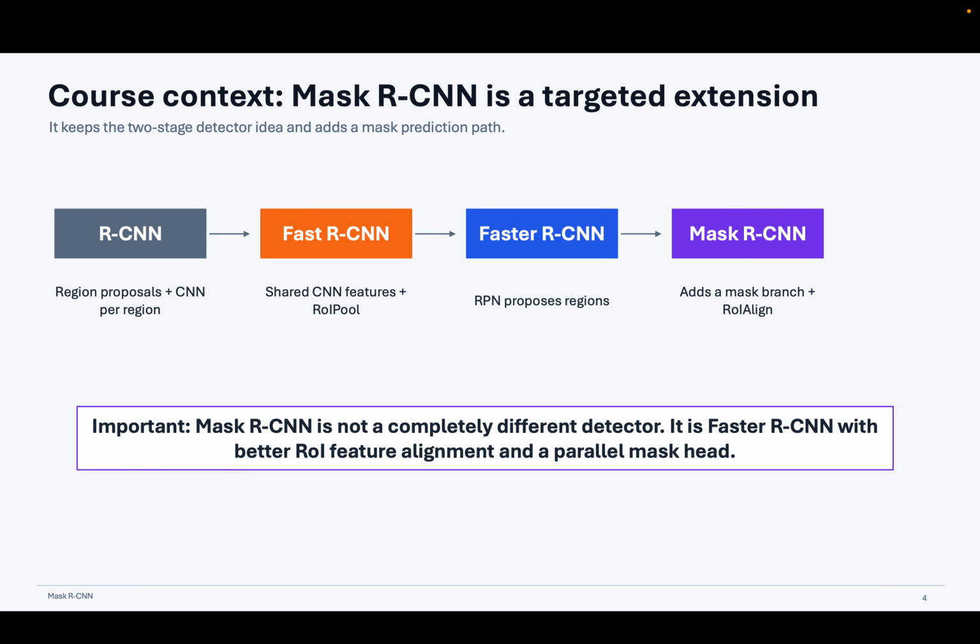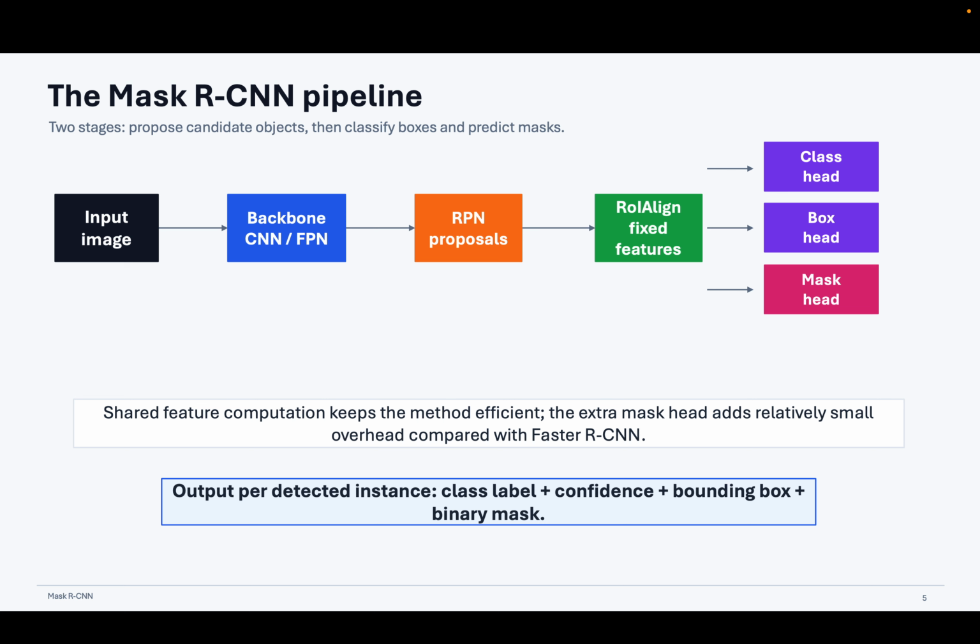The pipeline can be read from left to right. First, the input image goes through a convolutional backbone, often with a feature pyramid network to handle multiple scales. The RPN proposes candidate object regions. For each proposal, RoI Align extracts a fixed-size aligned feature map.